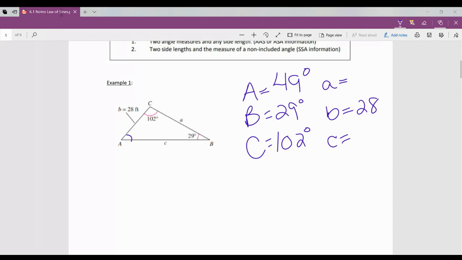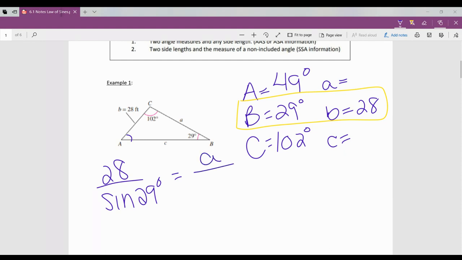All right, so the way that we know we can use the law of sines is if we have a matching pair. My matching pair are the B's, so I'm going to start with that. I'm going to do side B over sine of B, which is 29 degrees, equals A over sine of 49 degrees.